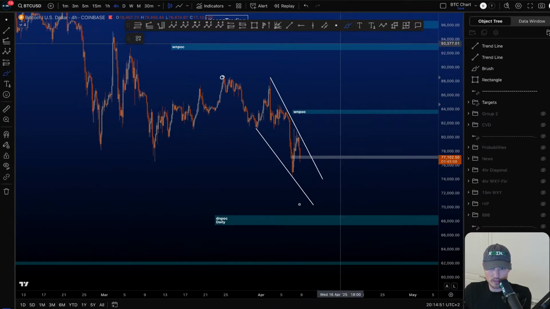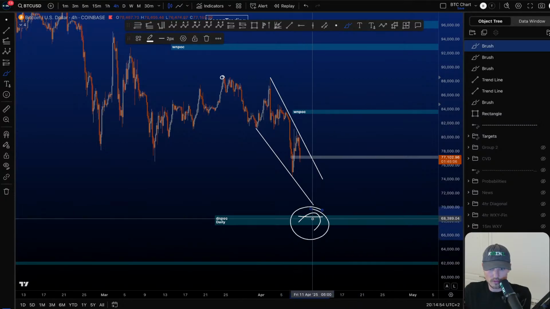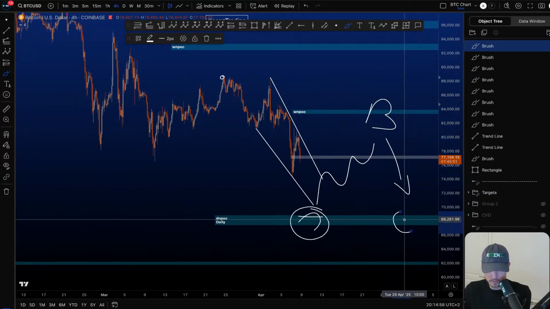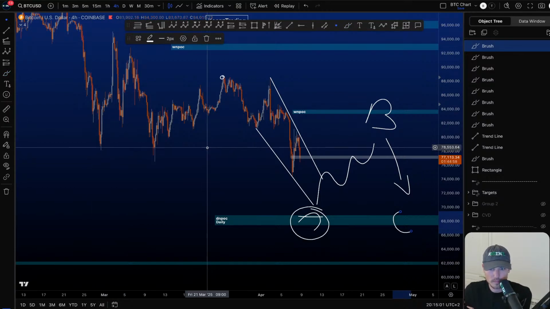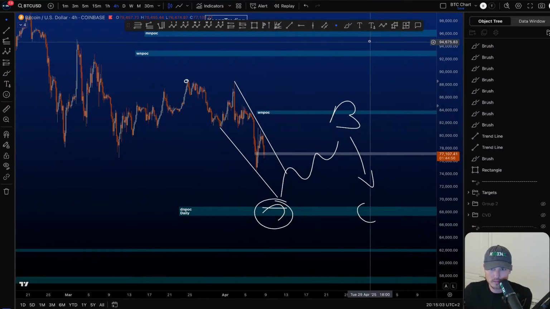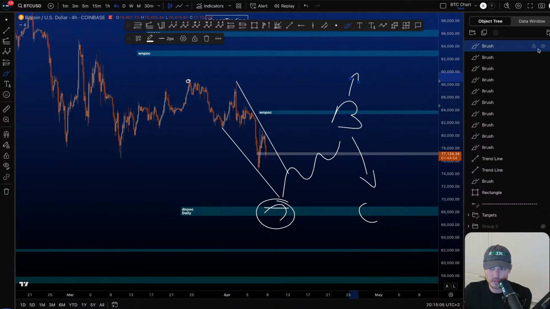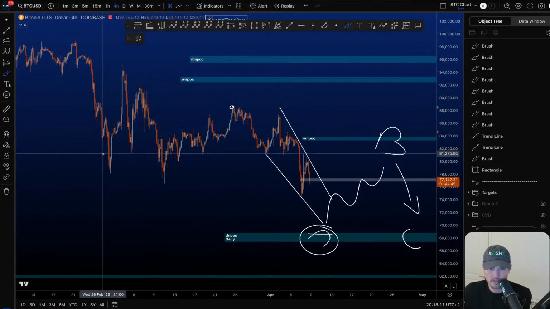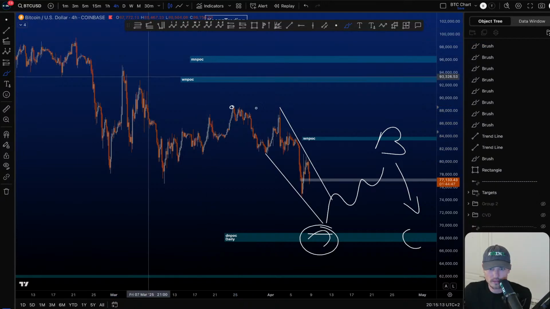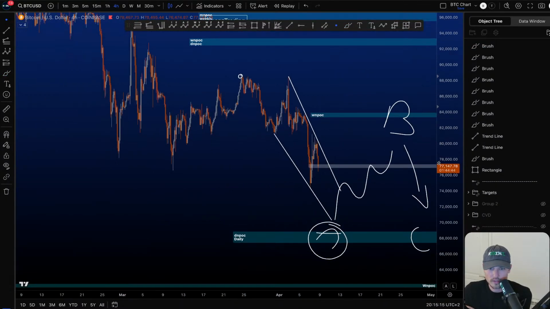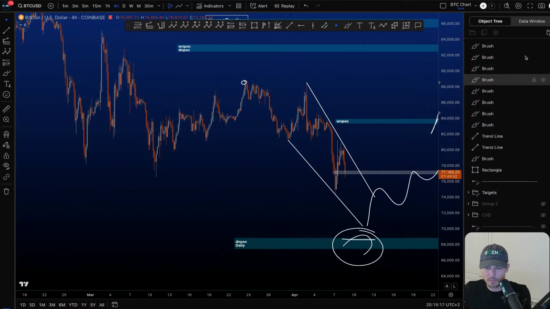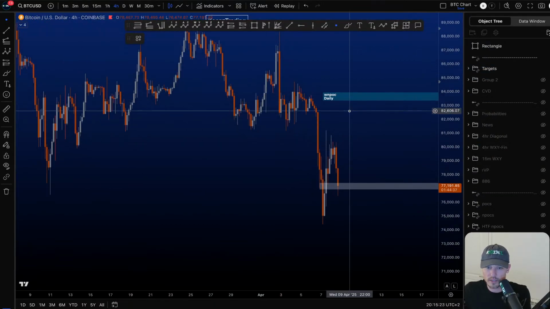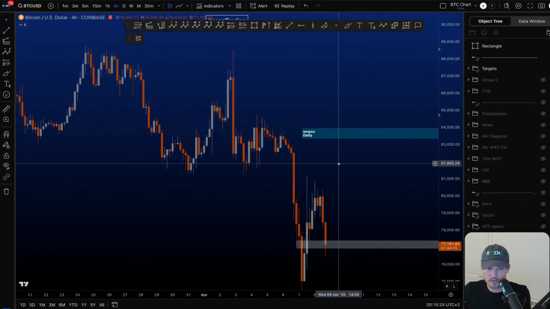This would then be, you label that A, look for B, got to move down in C. Of course, a potential continuation, but it's not really. This would be part of a WXY. X in that case is a running flat. So is there a possibility? Yes, but I would actually like to see price a little higher. So yeah, it's actually a nice idea. It's a fun scenario. Good that you thought about it.